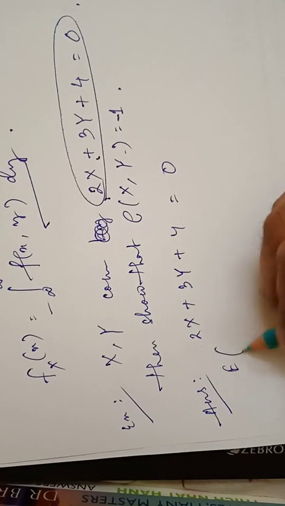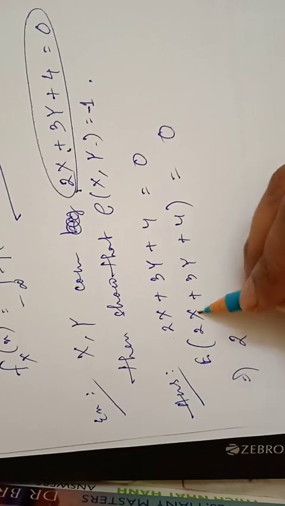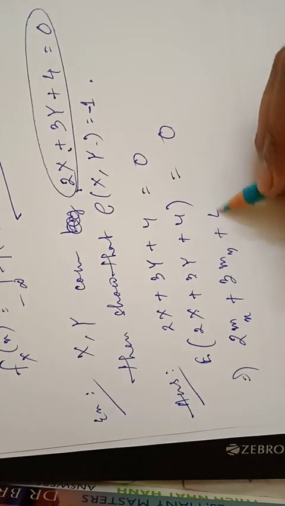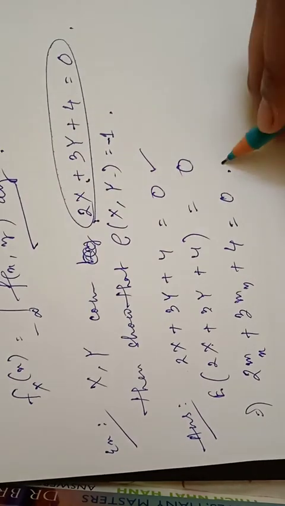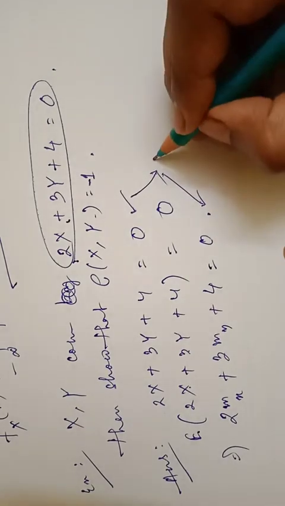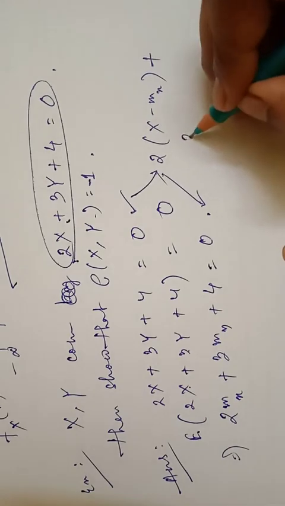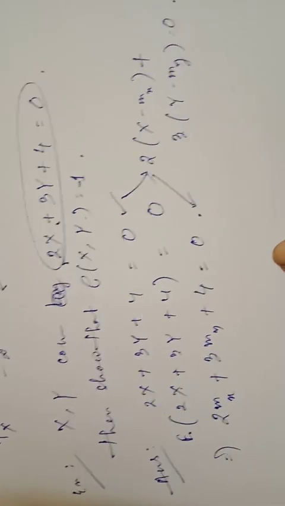Taking expectation on both sides, that is 2 expectation of x, that is mx, plus 3 my plus 4 equals to 0, right? Now take this equation and this equation and subtract them. So if you subtract these two, what will you get? 2 into x minus mx plus 3 into y minus my equals to 0, right?